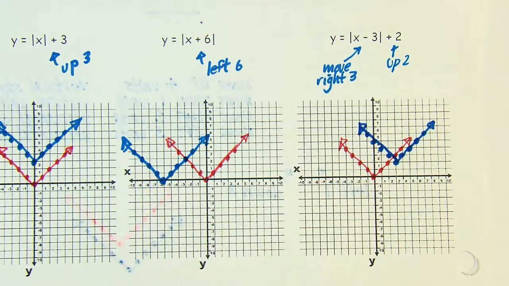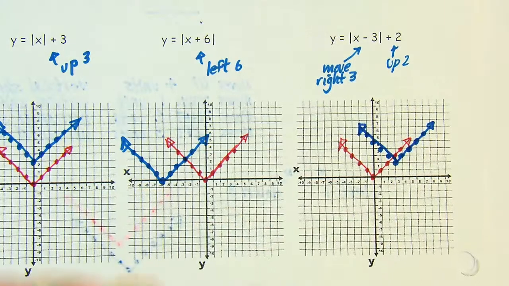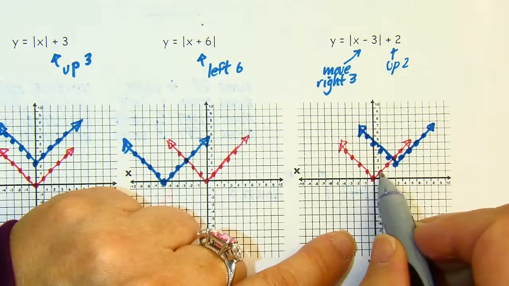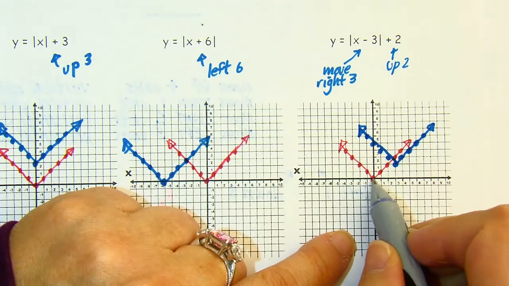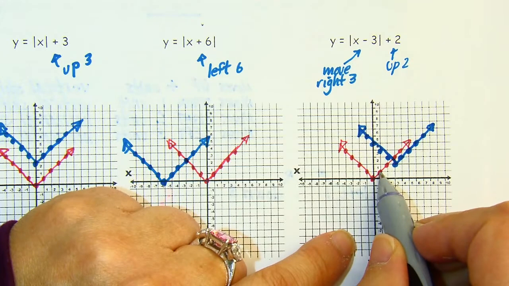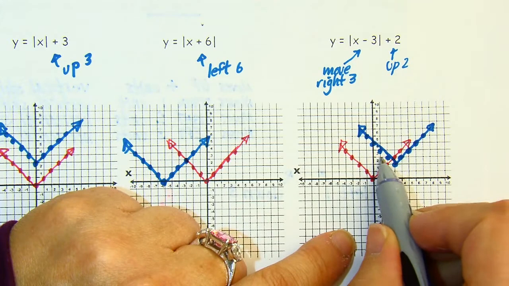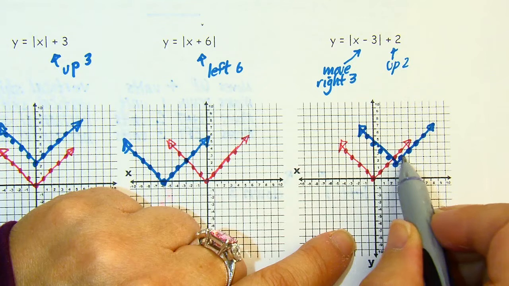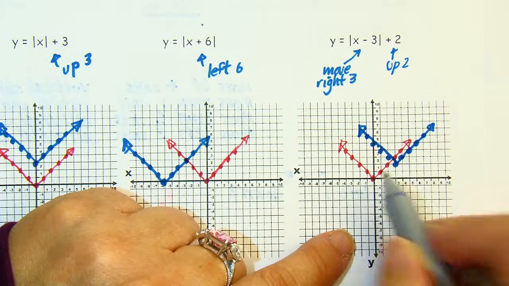Okay, so I could check, let's say, this point right here. It's the second point from the vertex, okay? If I move it up 2 and to the right 3, up 1, 2, and to the right 1, 2, 3, there it is. There's that point. And it is the first point away from the vertex, right? Just like this one was.